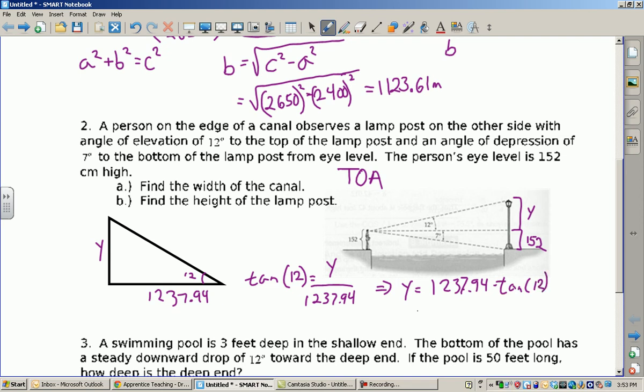Once you type that into your calculator, you're going to get, actually, I'm sorry, this will give you the height of 152 centimeters. We were solving for this guy right here, my apologies.